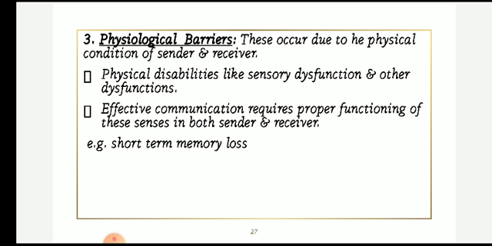Physical condition means they might have some disabilities, called physical disabilities, like any problem in their sense organs, particularly listening, that is a hearing problem in the ear. Or some person is unable to see something clearly, that is an eyesight problem.